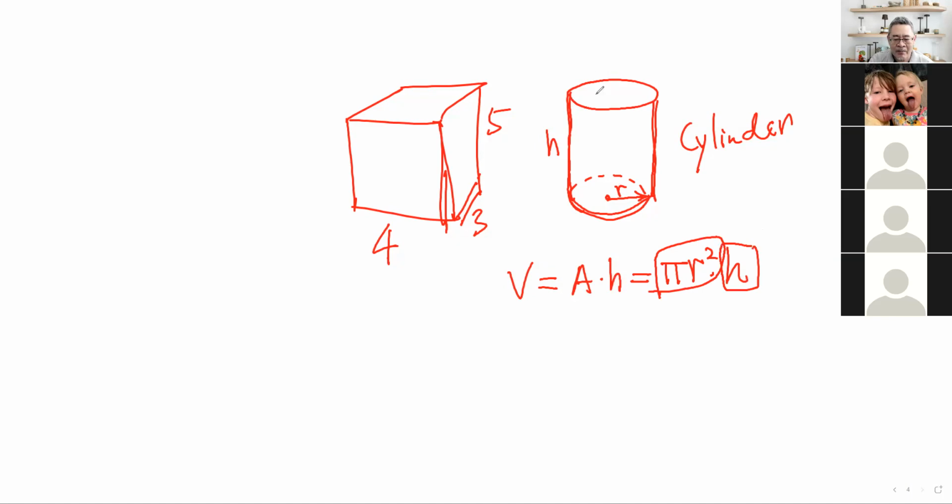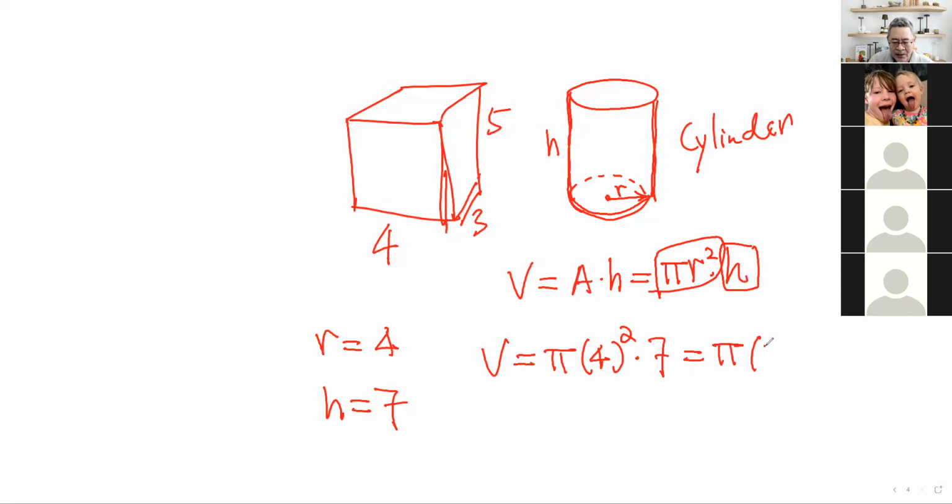If we have a cylinder where r is 4 and the height is 7, then the volume is pi times 4 squared times 7. That's pi times 16 times 7. 16 times 7: 6 times 7 is 42, 1 times 7 is 7, plus 4 is 11. So it's 112 pi. Good?